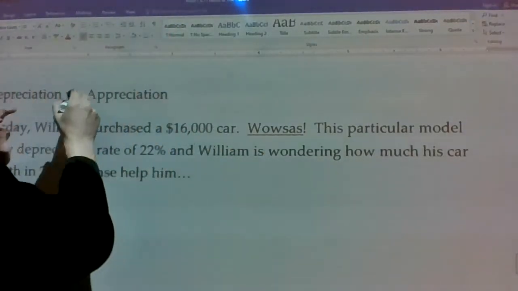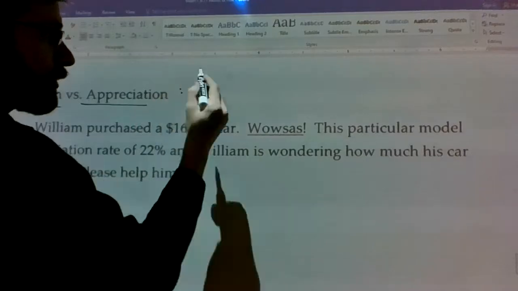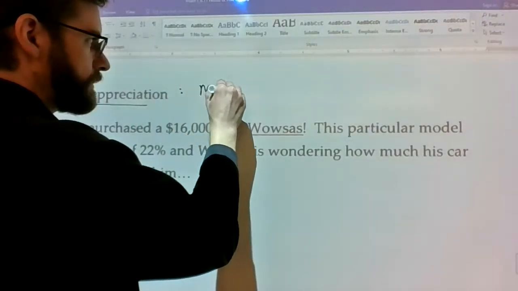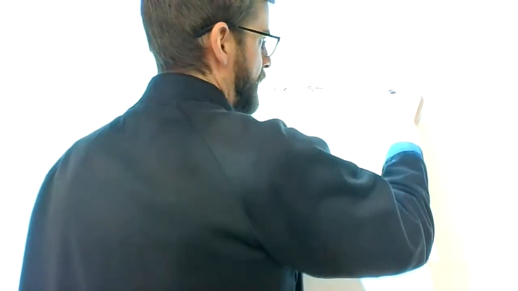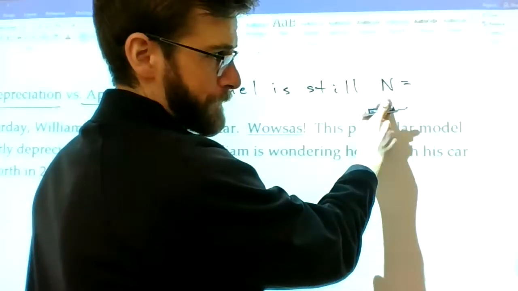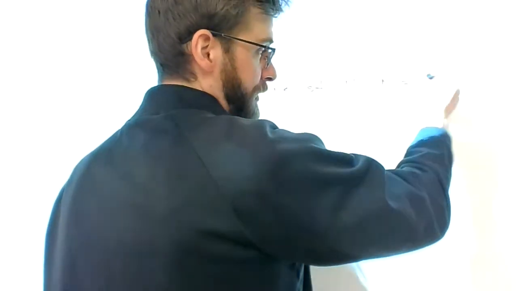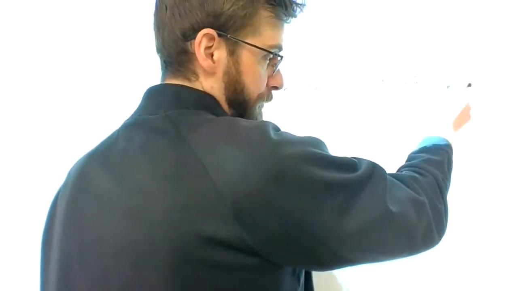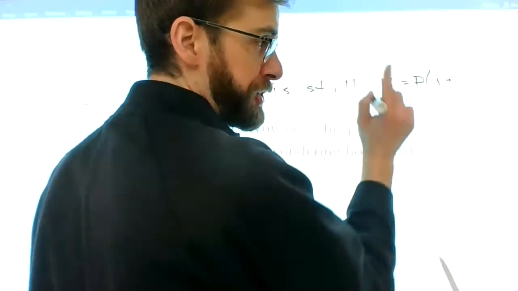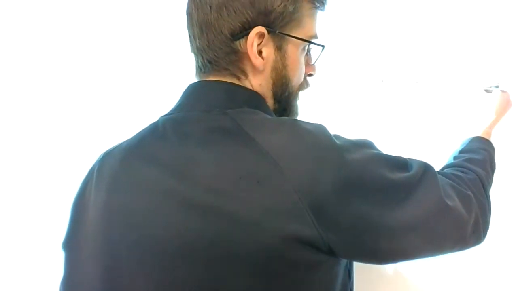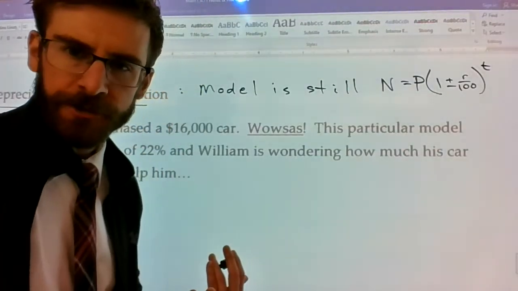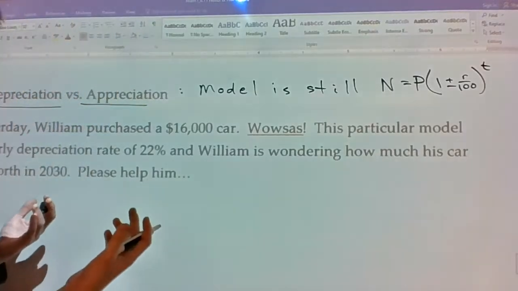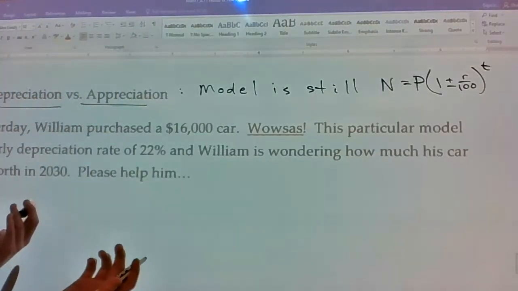For appreciation and depreciation, your model is still the new value equals the principal value times 100% of it, either adding for appreciation or subtracting for depreciation, R divided by 100, to the t power. That's the good news. For these types of examples, your model doesn't change. You just have to piece together what the important pieces of info are.